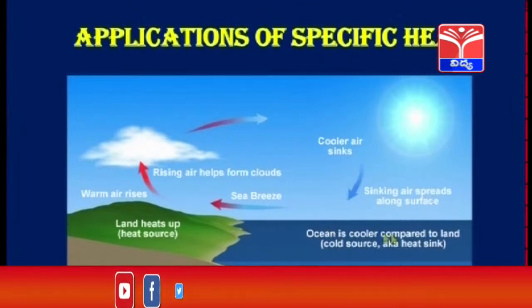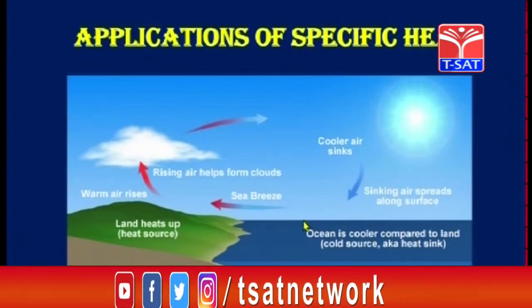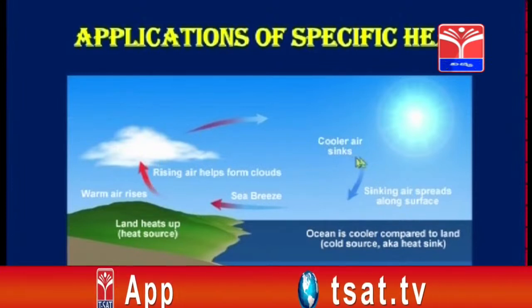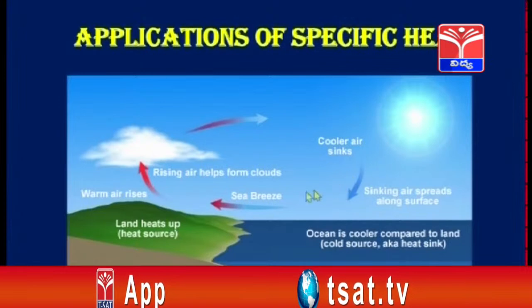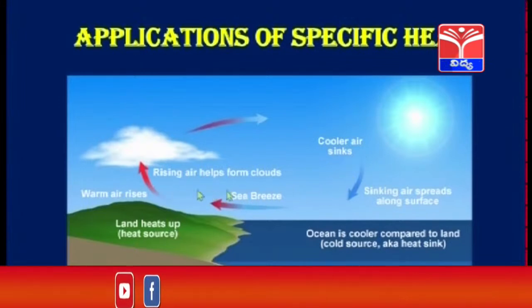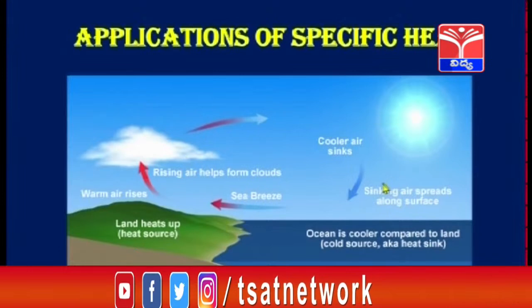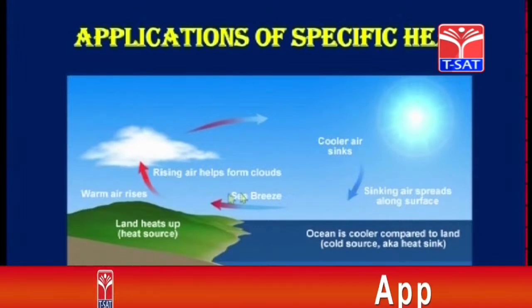So, because the ocean is still cool because of the high specific heat of water, heat from the land flows towards the ocean and the cool breeze of the ocean is received by the land surface. It is a replacement, children.